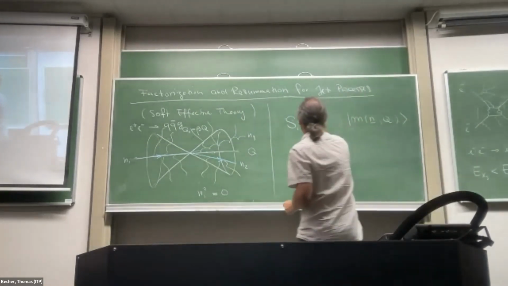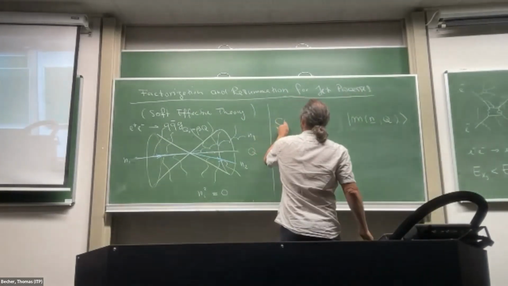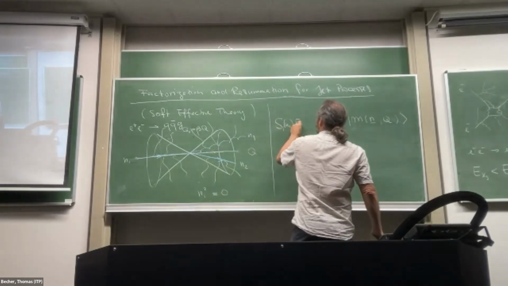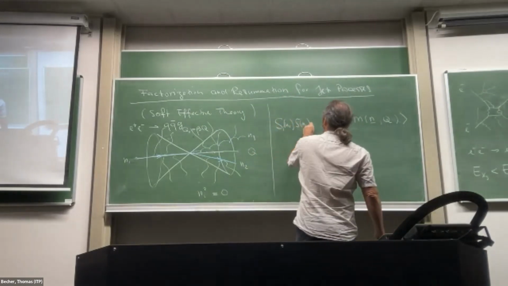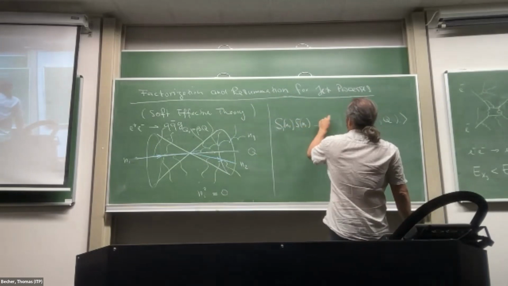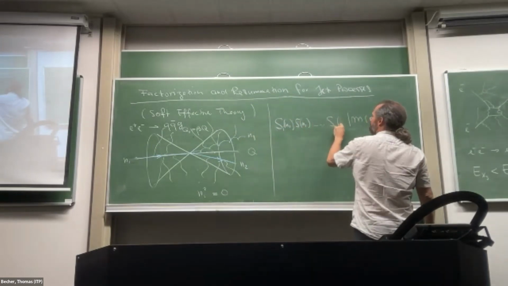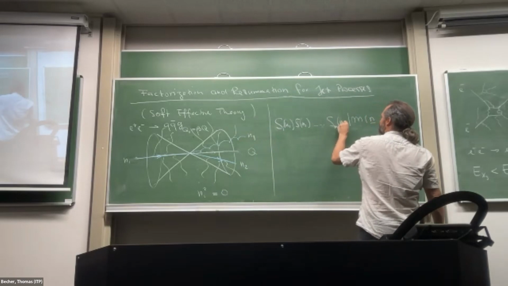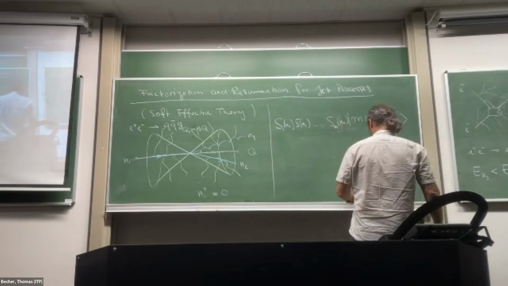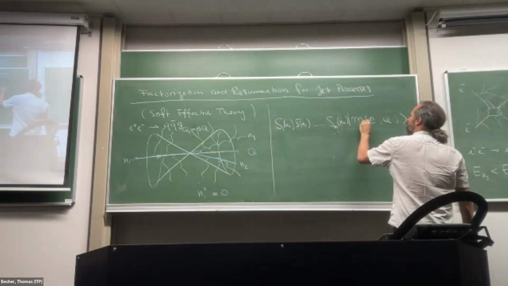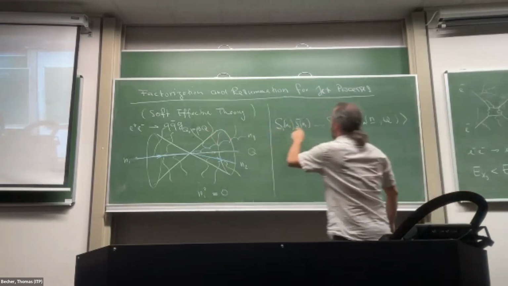So one for N1, one for N2. And of course, we have here 3 partons, but we can maybe go up to M partons, and then it looks like this. And then it's the amplitude of E plus E minus to the same partons.